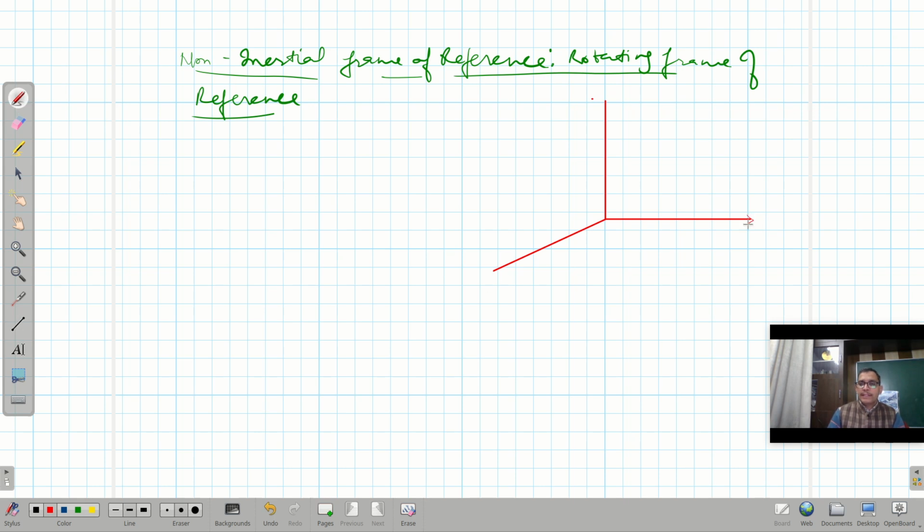Say this is the x-axis, this is the y-axis, and this is the z-axis, and suppose this is a stationary frame of reference represented by S. And there is a particle somewhere here, say this particle is P.